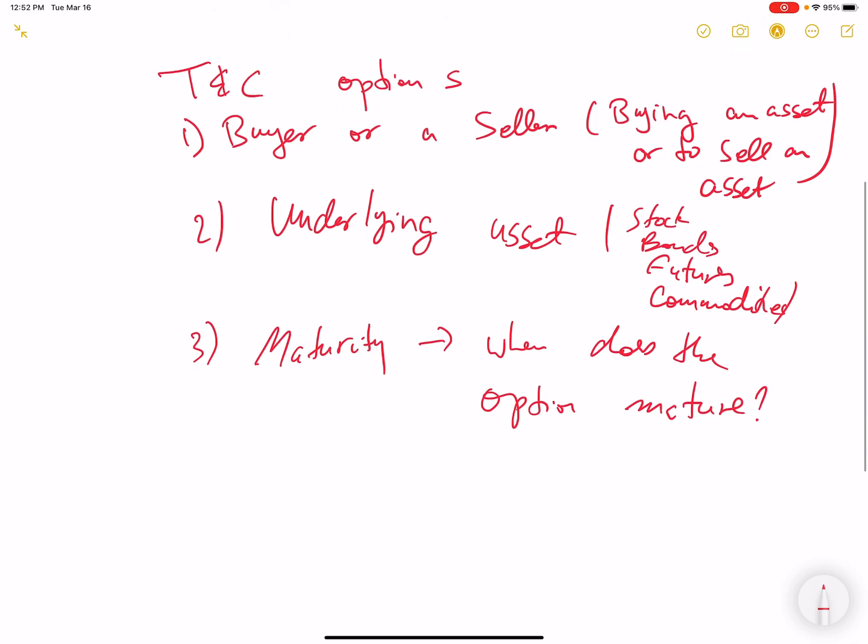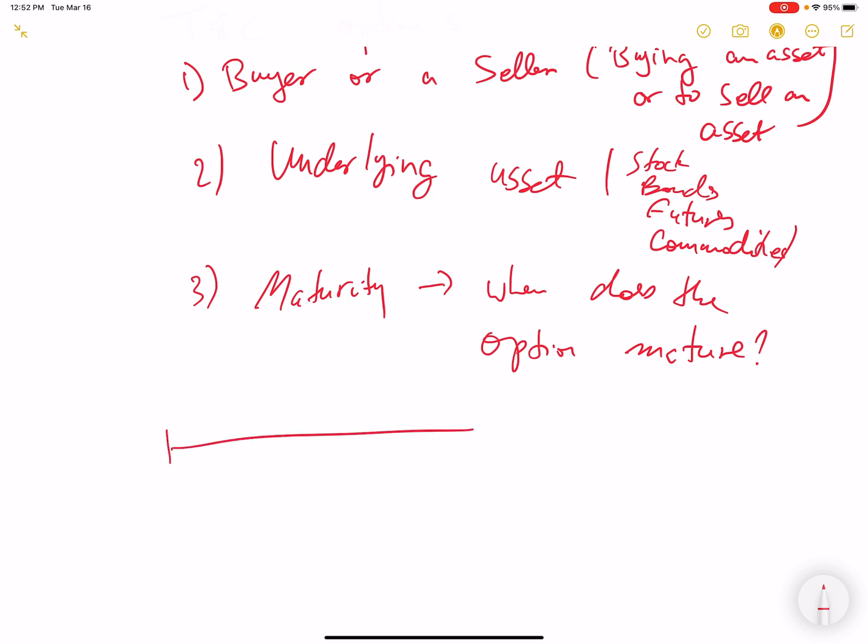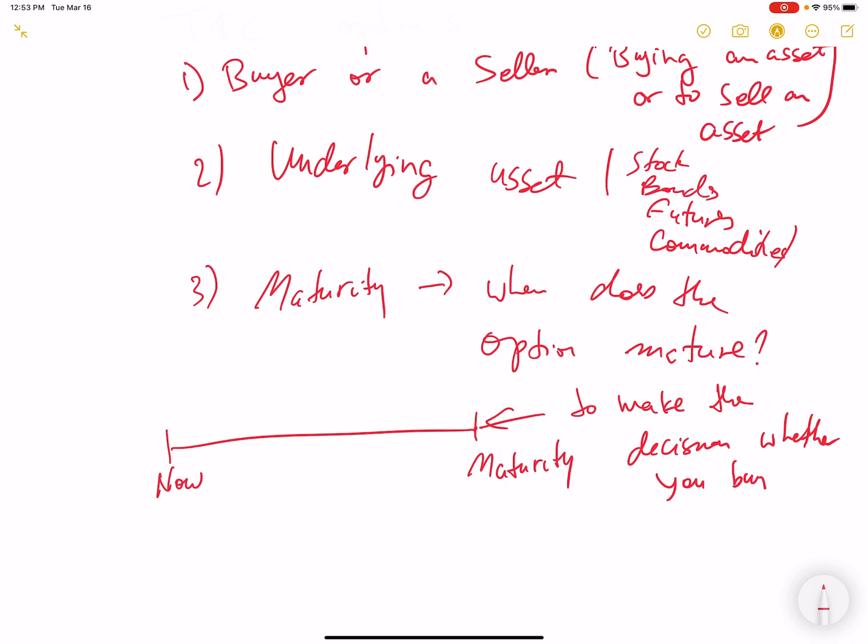So if you have a timeline, let's say this is your timeline and you're entering into an option contract now, the maturity is the point until which you need to make the decision whether you buy or sell the asset.